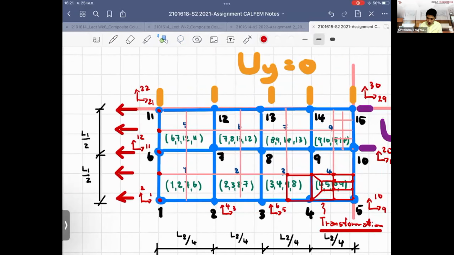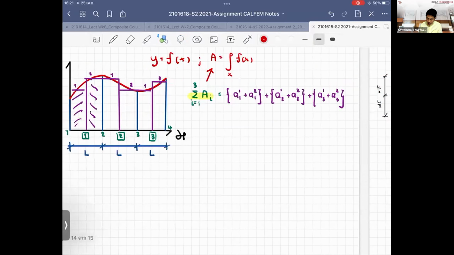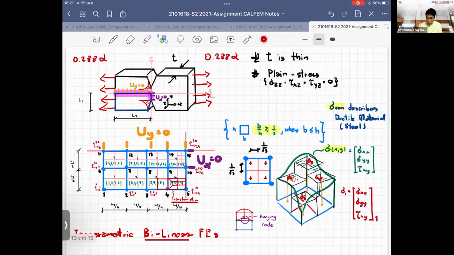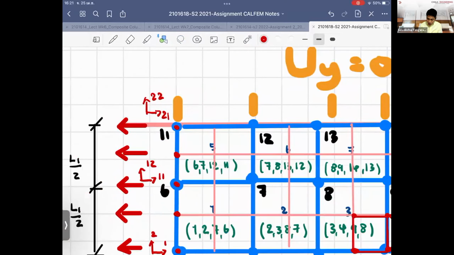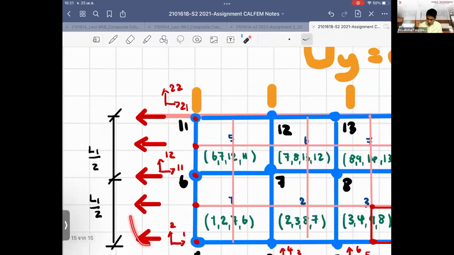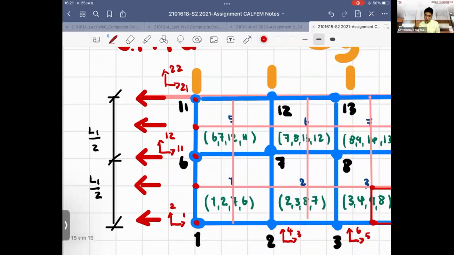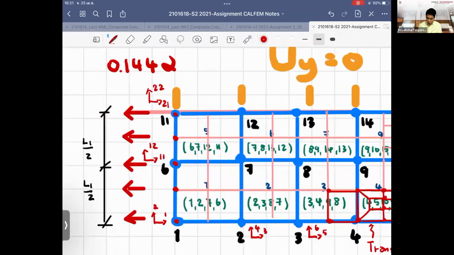So don't forget, for example, if I have 0.288 alpha, so the sum of the nodal force along the line here has to be equal to, because we just take by half, 0.144. Alpha is a constant depending on the group number you're looking at. So this is the sum of the forces.